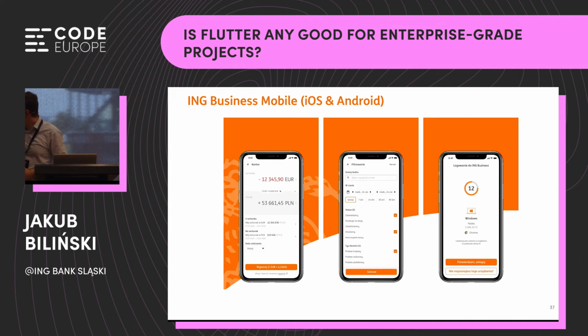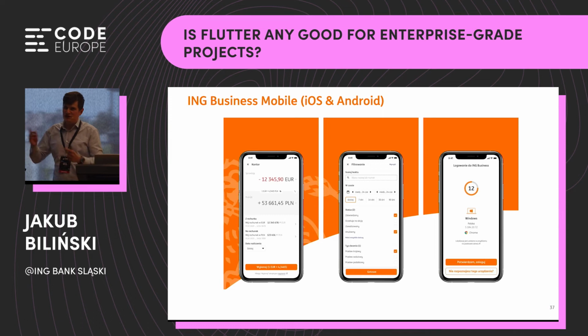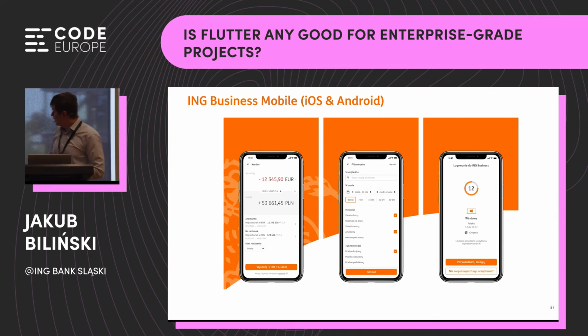And we use that for one of our core projects, ING Business Mobile. It's a mobile application for corporate clients. We used the Flutter. We had some libraries from the previous version that we had to use, for example, for security or for networking. We added that to our application, and it works. It's on production for, I think, a year now. It works.